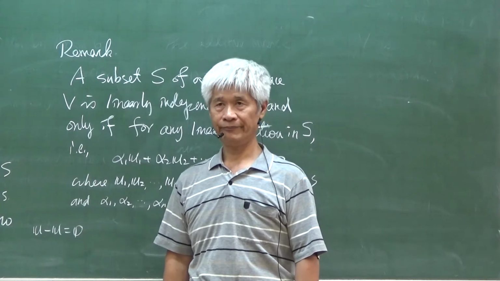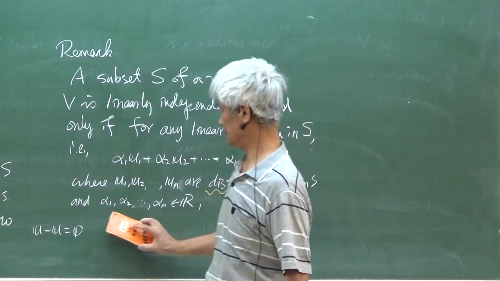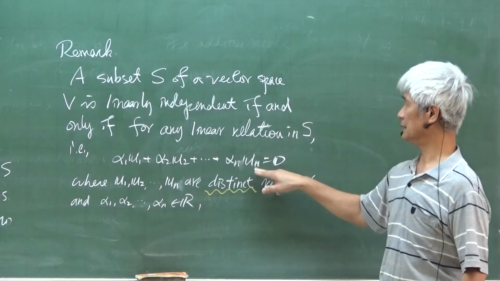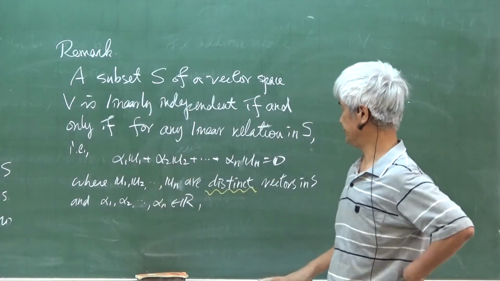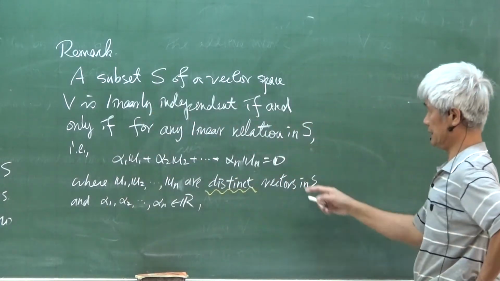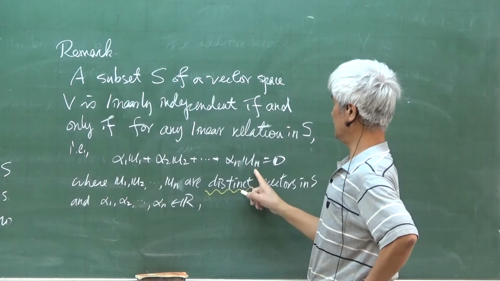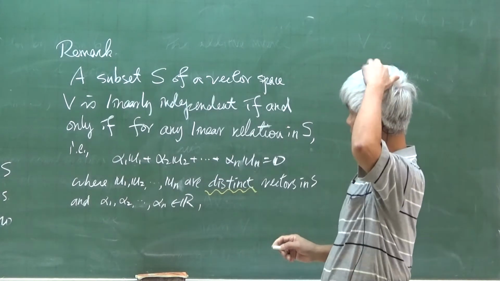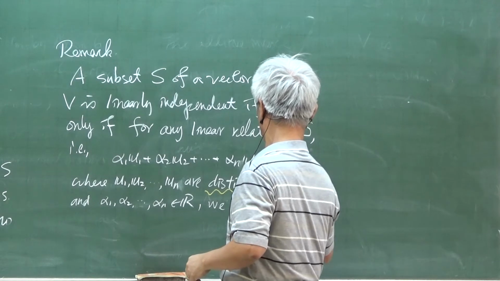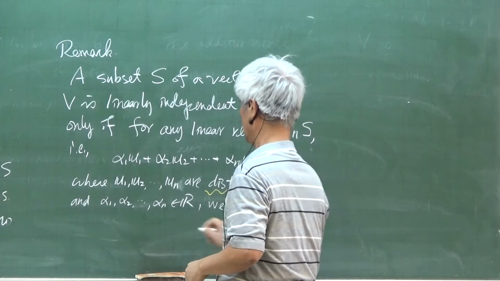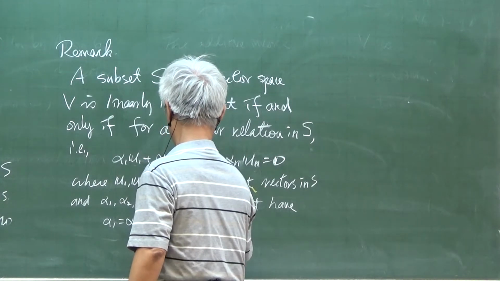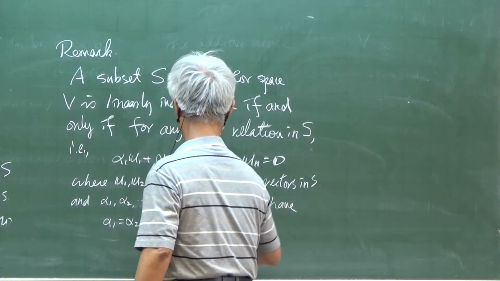So it's too easy, right? So I have to ask that the vectors are distinct. So if we have such a linear relation and u1, u2, ..., un are distinct vectors, we must have alpha 1 equal to alpha 2 equal to ... equal to 0.